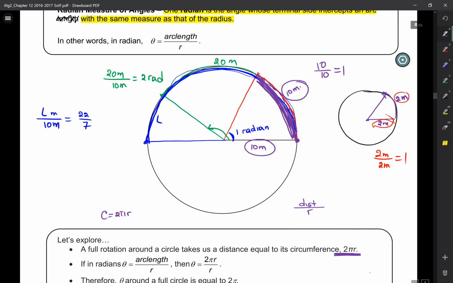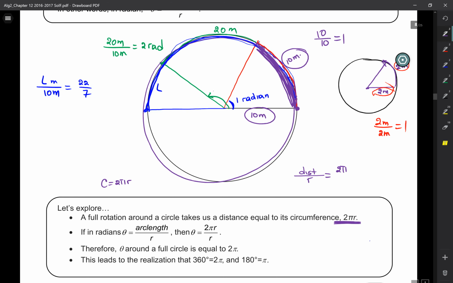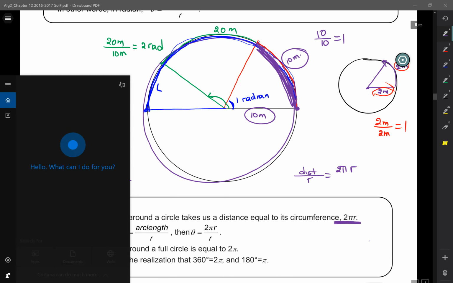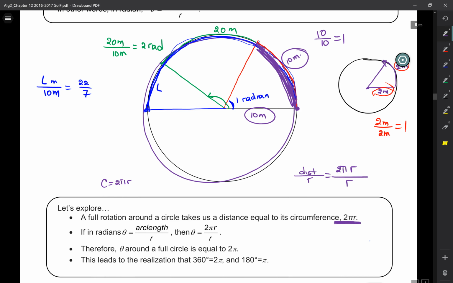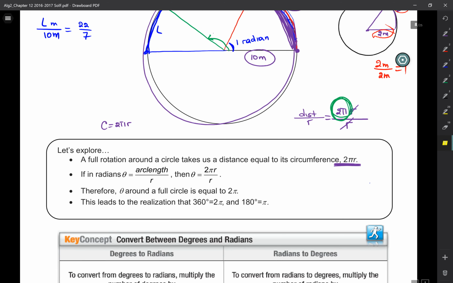Now, if I walked the entire circle, that's 2 pi r, that's how much I walked. Over the radius, so what angle have I made? 2 pi. What does that mean? In radians, the angle around a full circle is 2 pi. Okay, so theta around a full circle is 2 pi.